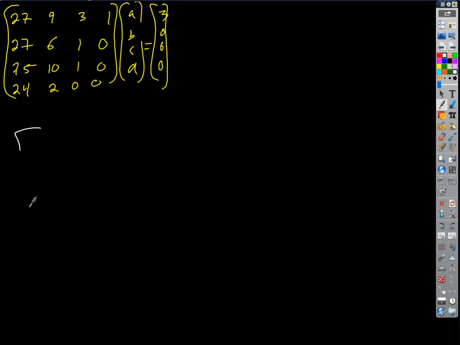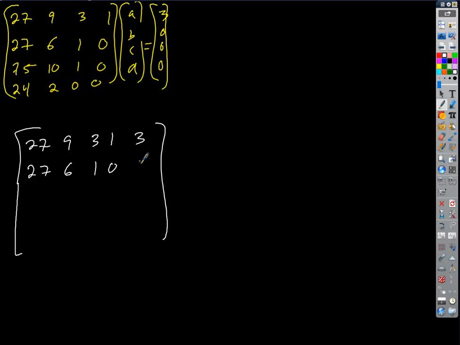We're just going to write this as one 4x5 matrix, where we combine A and B into one matrix. Okay, so there's our matrix.